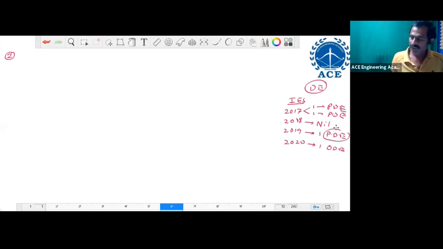Now I am writing the second question as the partial differential equation from the 2019 IES question. From GATE, no previous questions, only from IES we have the questions. So the second problem is the IES 2019 question. It is a 2 marks problem.